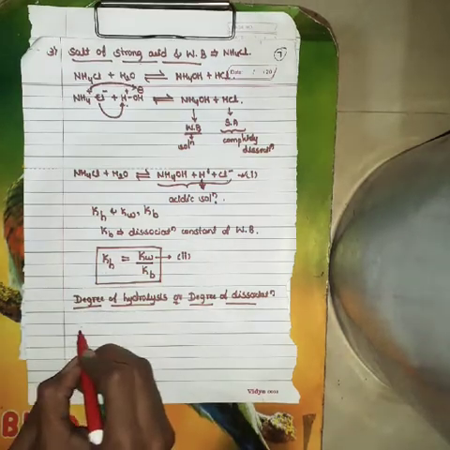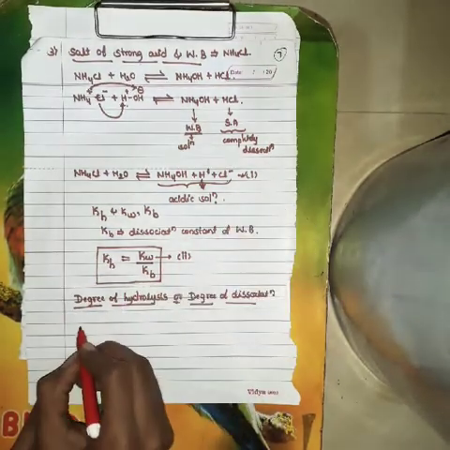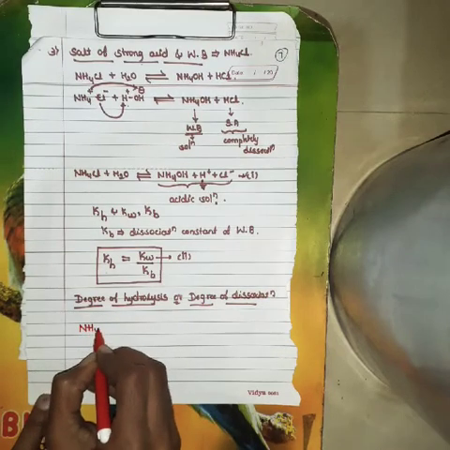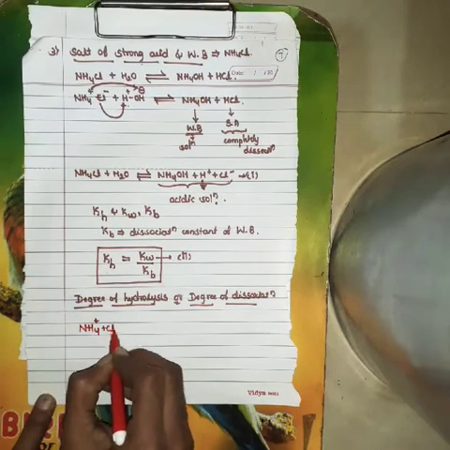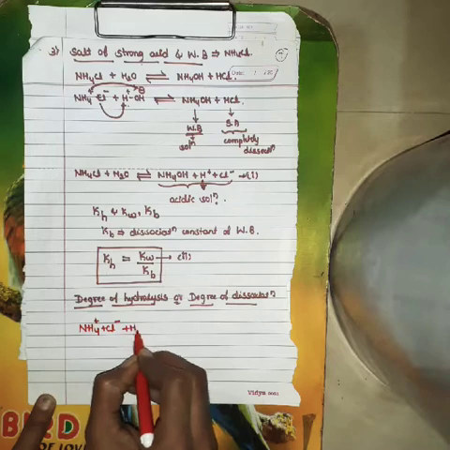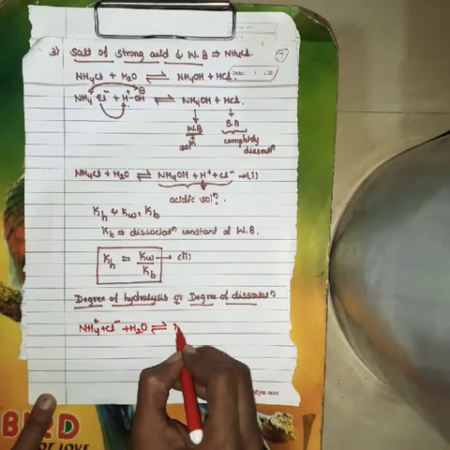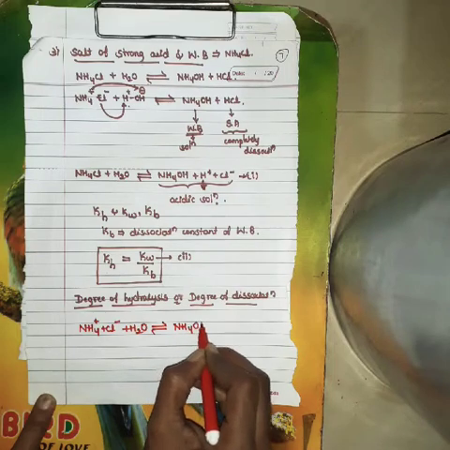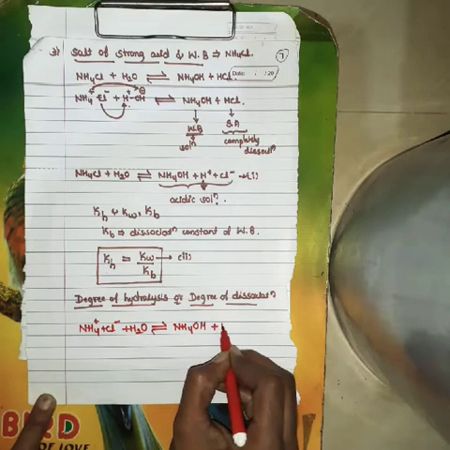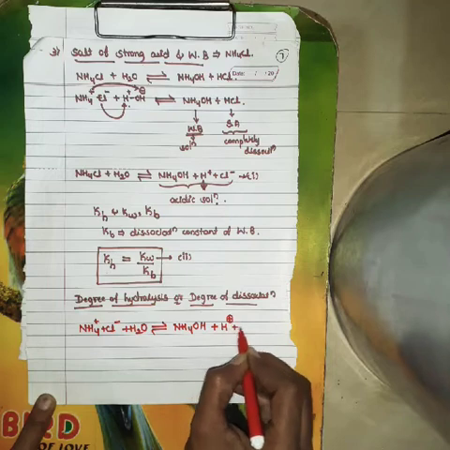Consider this equation 1: NH4+ Cl- plus H2O, which undergoes hydrolysis. It will give an acidic solution.